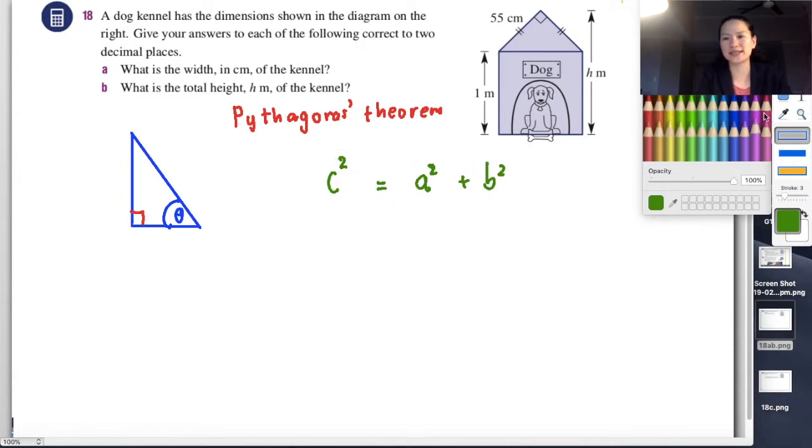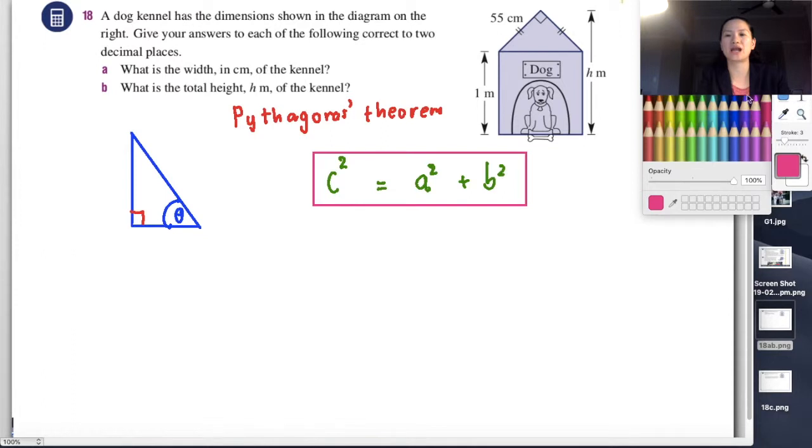First, I would like to show you here, very quick. Write down with me step by step. Let's say this one is an angle. I give it the name theta.